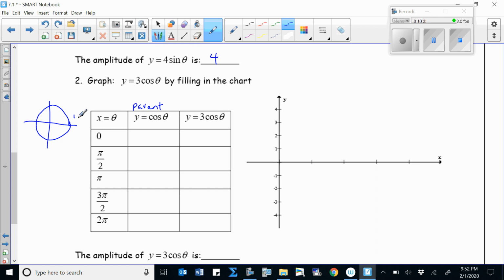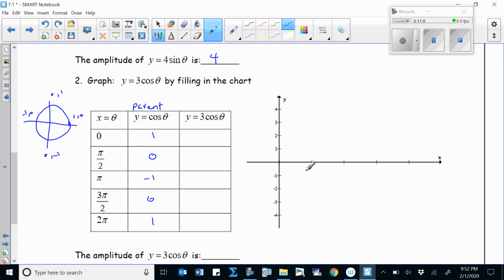The points are 1 and 0, 0 and 1, negative 1 and 0, and 0 and negative 1. This time, because we're looking for cosine, we just take the x values as the cosine of the angle. So cosine of 0 is 1. Cosine of pi over 2 or 90 is 0. For pi, it's negative 1. For 3 pi over 2 it's 0. And for 2 pi again, it's 1.